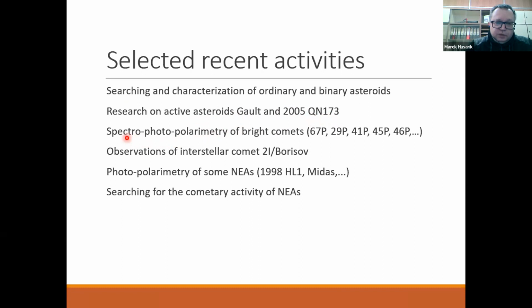A colleague who is interested in comets studied spectral photopolarimetry of bright comets. Here are some examples. Some results are published in papers. Of course, we also made observations of the interstellar comet Borisov.